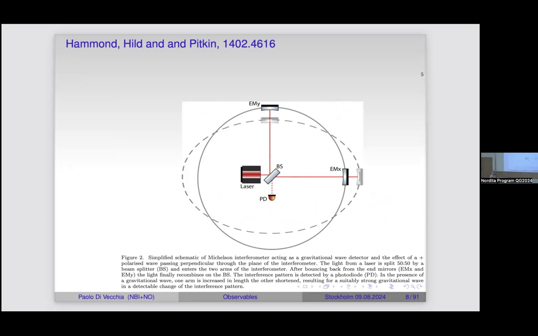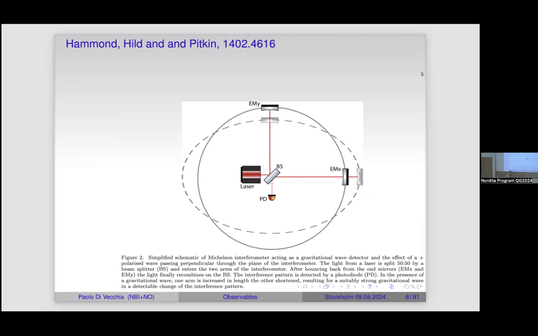Here the light is split 50% in this direction, then the light comes back and is observed here. Now, if there is a gravitational wave arriving, then the metric is no longer the flat metric, it is changed. And so you have to use the metric to compute the distance. And so you see that there is a larger distance in this direction than in this direction. And you see a pattern here when the light arrives. That's the way you detect the gravitational waves.